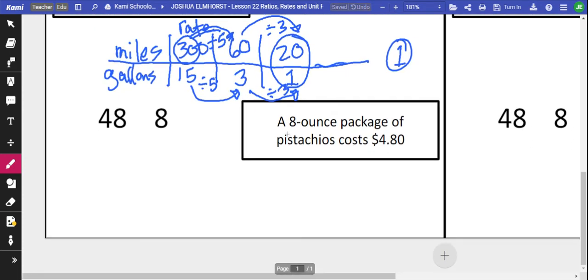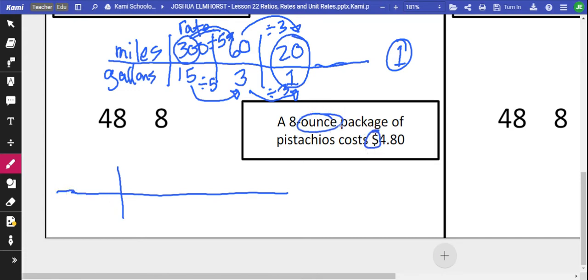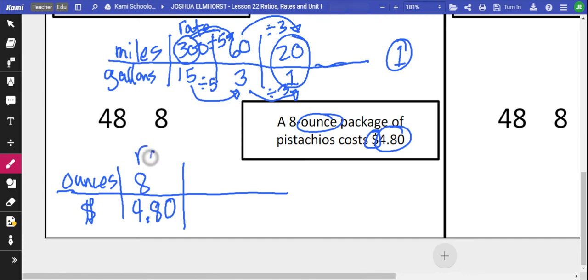Same thing down below. We could use this ratio table and then label it on the left. We have ounces and cost. And then look at the given ounces and given cost. We have 8 ounces, and then 4.8. That is our given rate.